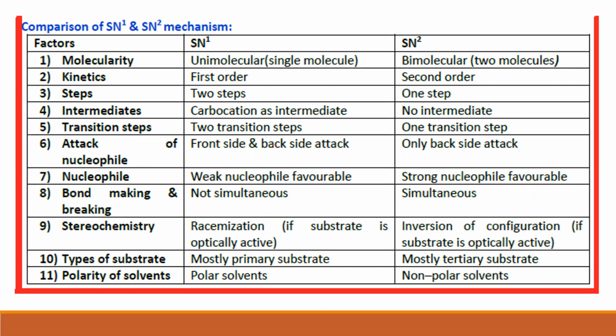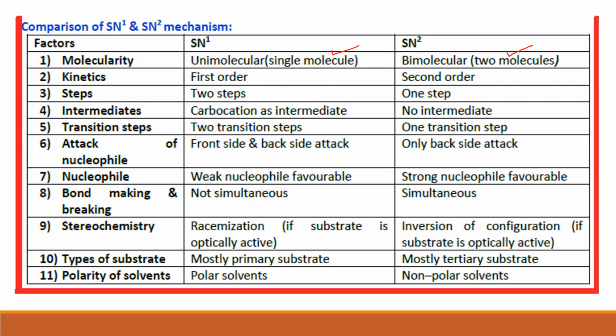The first factor that we are talking about is molecularity. When we talk about the molecularity, SN1 is unimolecular, SN2 is bimolecular. So unimolecular indicates that in the rate determining step, or in the rate equation, the rate of the reaction is only dependent on one molecule, which is the alkyl halide. Whereas SN2 is bimolecular, which means there are two molecules involved in the step which determines the rate.